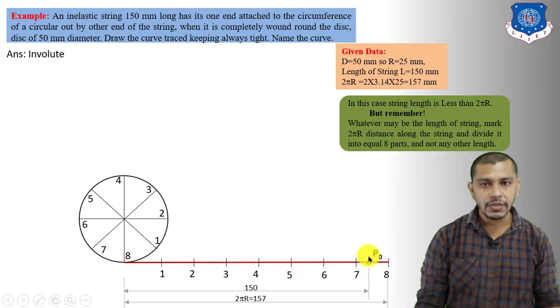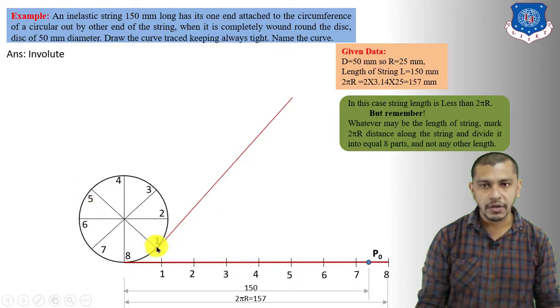After marking P0, follow the same method. From points 1, 2, 3, 4, 5, 6, 7, 8 on the circle, draw tangents to the circle. From 1, draw the tangent, and make sure that the tangent is perpendicular to this particular diameter of the circle.